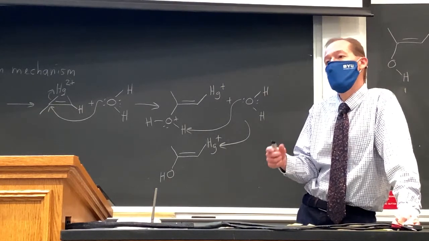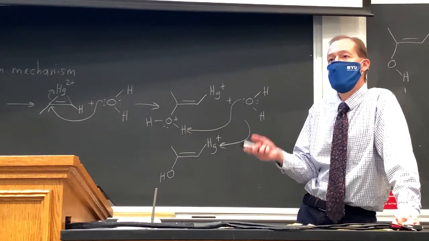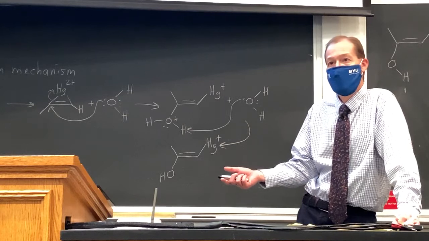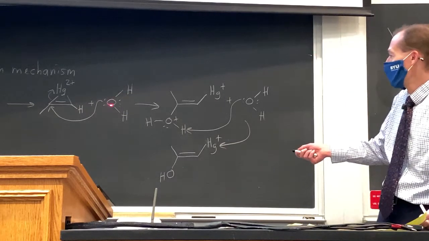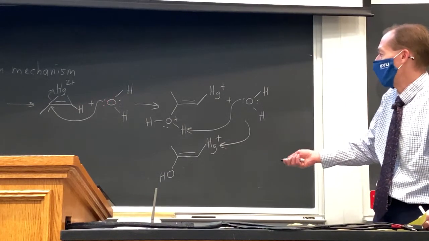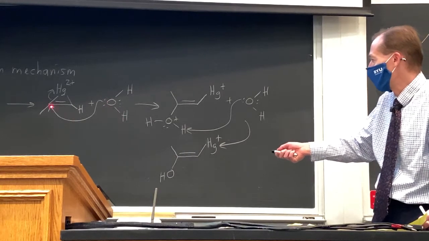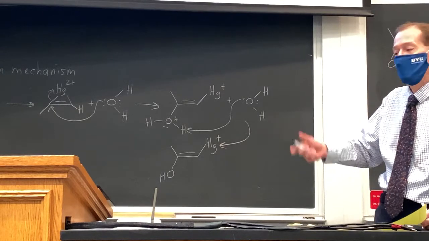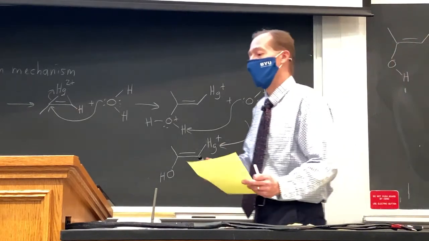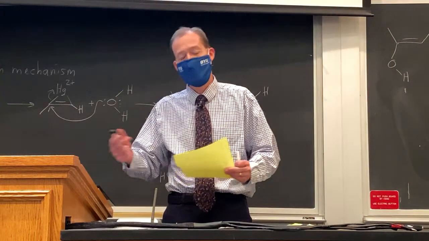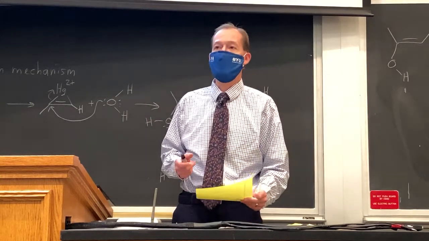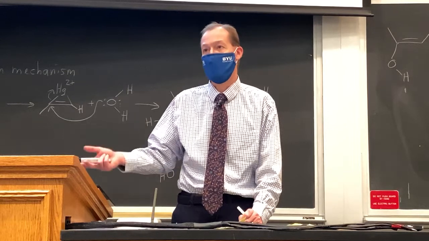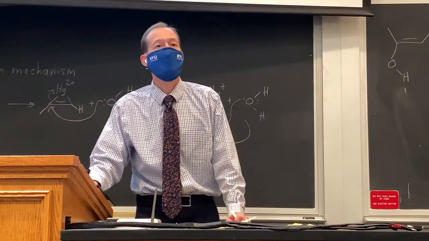And that partial positive charge is more stable on the more substituted carbon versus the less substituted carbon. So we have a lower energy transition state and therefore a faster reaction for attacking this carbon versus attacking that carbon. So it's the same explanation that we used for epoxides being opened with HX and for the halohydrin reaction with bromine or chlorine and water. Okay. Other questions?